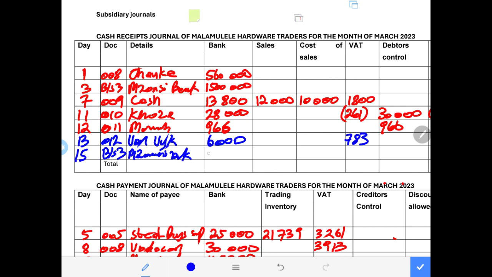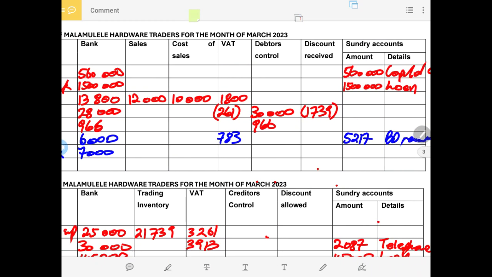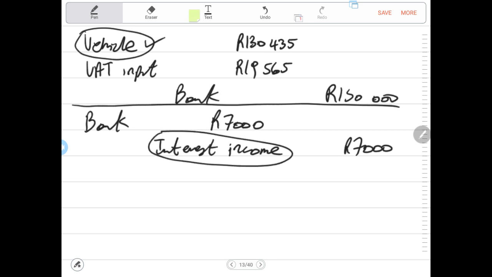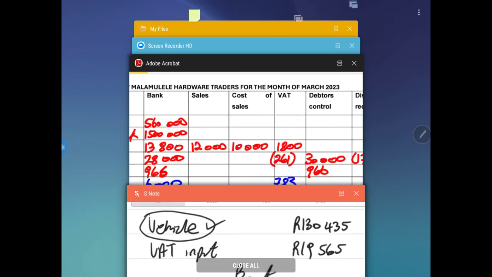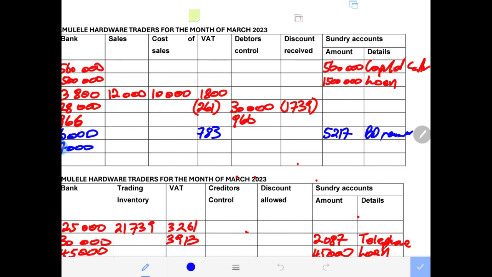We received 7,000. But interest does not have a column, which is the credit side of this entry that I have shown you in the general journal. Therefore, it goes to our sundry column. So we'll have 7,000 there. Then the details will be interest.